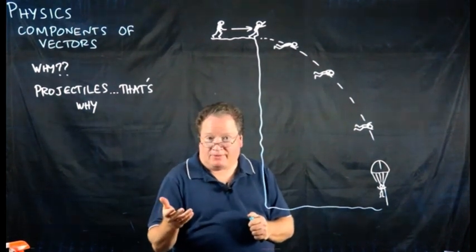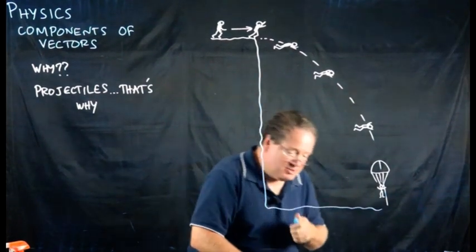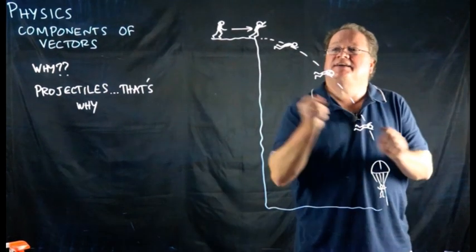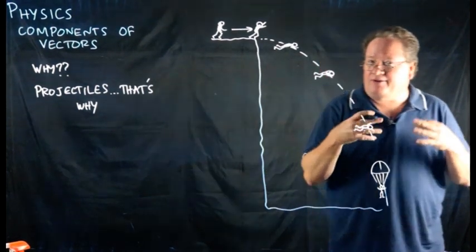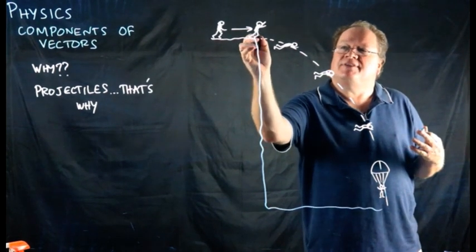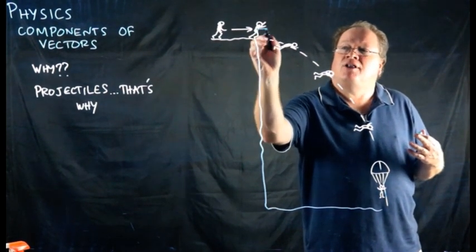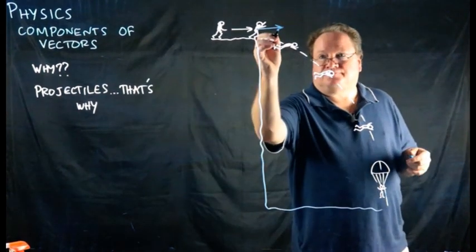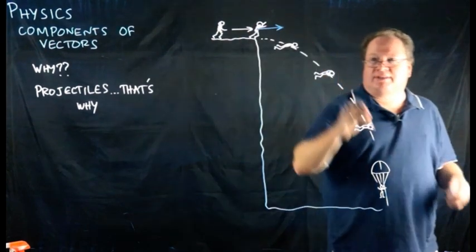If I think about this parachutist as he runs to the edge of the cliff and takes off, all of his motion the moment that he jumps off the cliff is in the horizontal direction. It's all going this way.